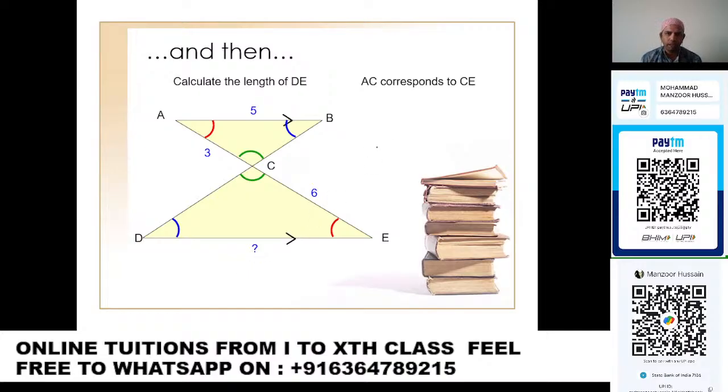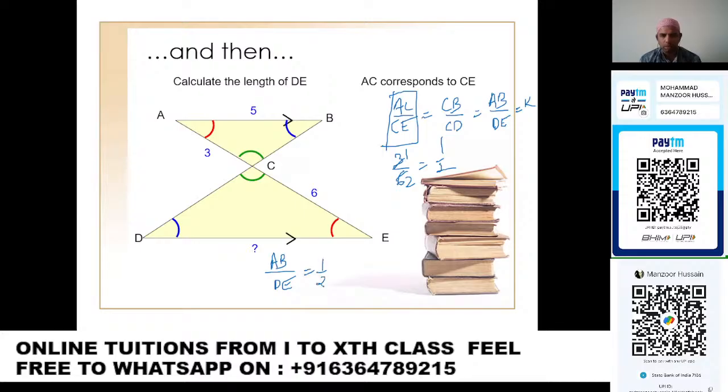You can say AC by CE is equal to CB by CD is equal to AB by DE is equal to K. Now we have one combination here as AC by CE is 3 by 6. 3 ones are 3, 3 twos are 6, so the ratio is 1 by 2.